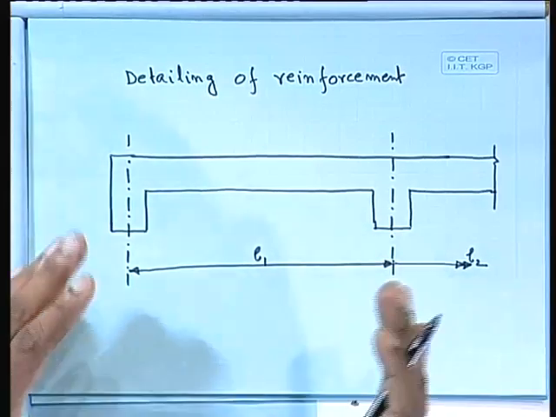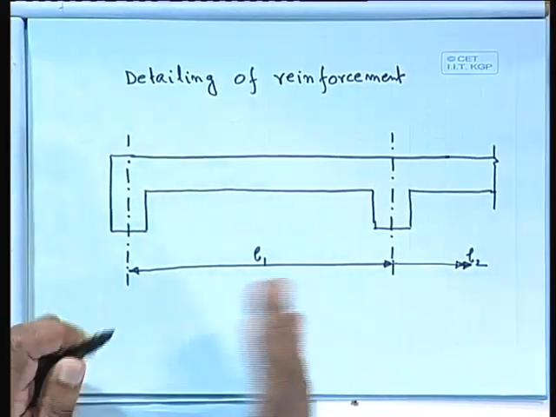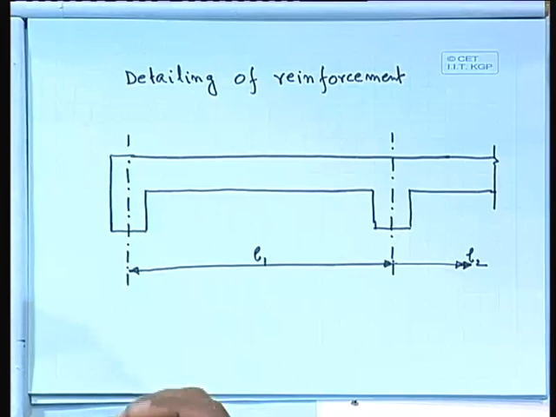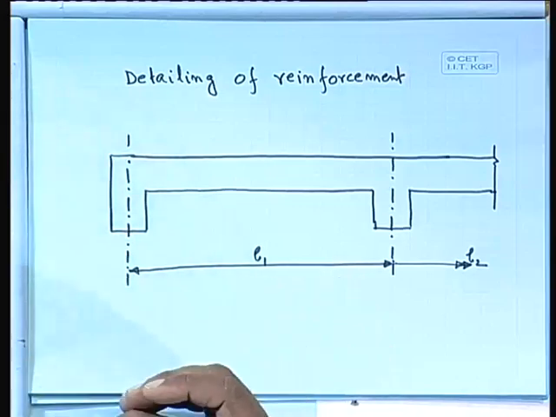This detailing is another very important aspect of structural design. You can design it, you can provide the reinforcement, but the proper placement of the reinforcement is very, very important.